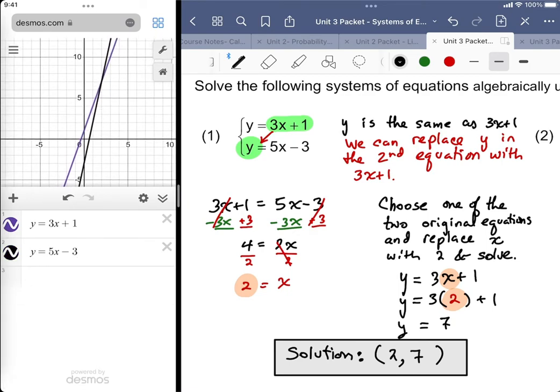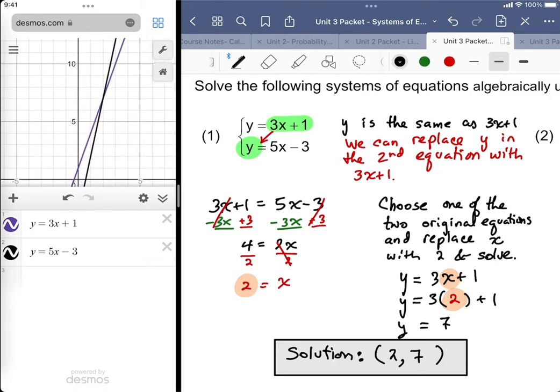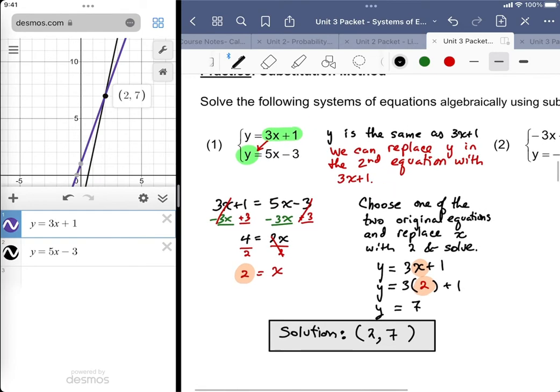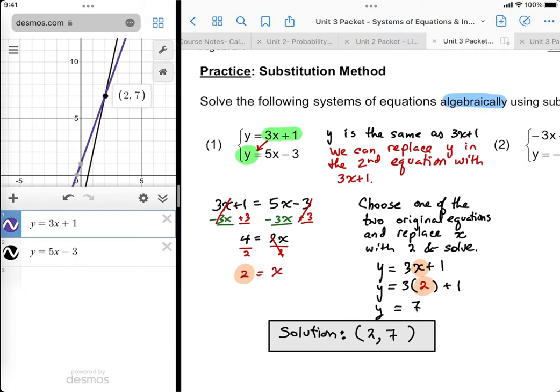Just like yesterday, it's just a matter of determining where they cross. And a nice intersection there at 2, 7. That's what we got algebraically. We have to be prepared to answer these types of questions algebraically. That's why we're doing it this way. If a question doesn't tell you to do it algebraically, you could do it any way you want. And in most cases, that means put it into a calculator and see where they intersect.